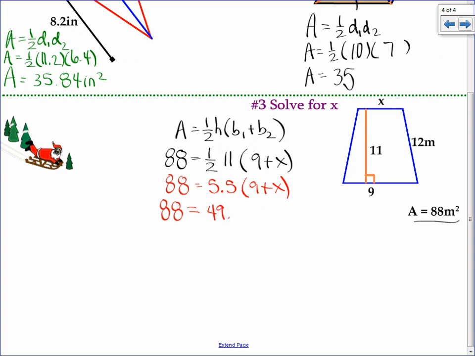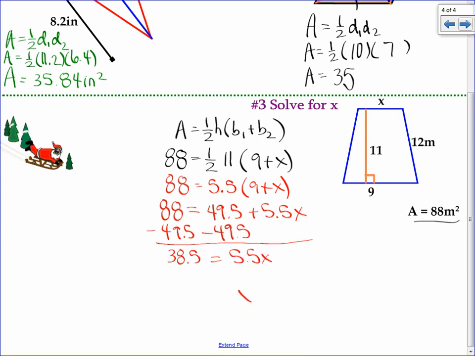So distribute the 5.5 to both terms. Now it's simple algebra, subtract and divide. What's this? And divide? 7. Any questions?